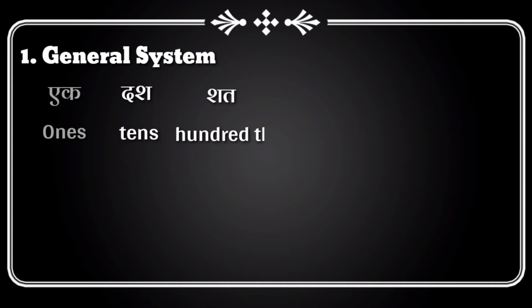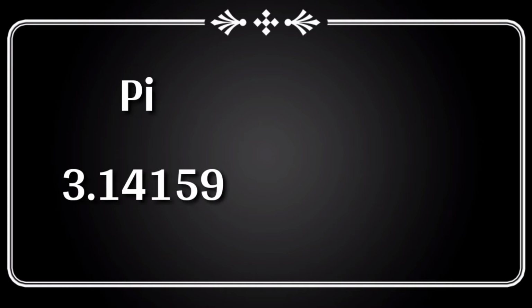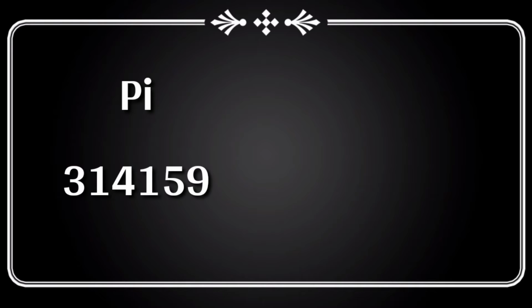So let us try to pronounce pi in this system of numeration. 3.14159. Since there is a point, we should omit that. The decimal point that I just removed was told as Dashamalava, but let's just omit that in order to make our work easy.